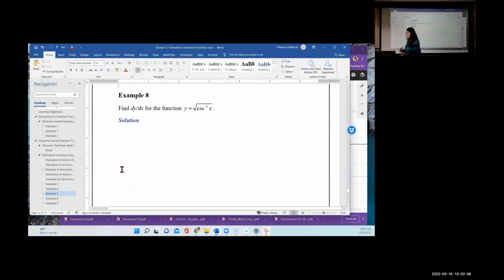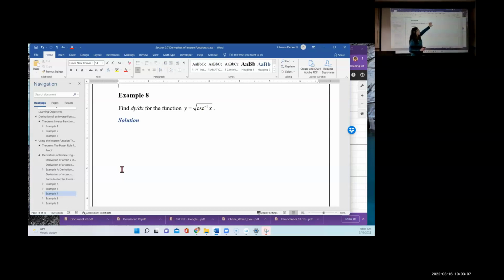Now let's look at a composed function that's got this together. Okay, when we're looking at this function, it's a composition of functions.